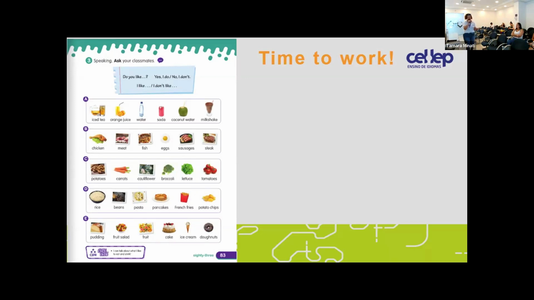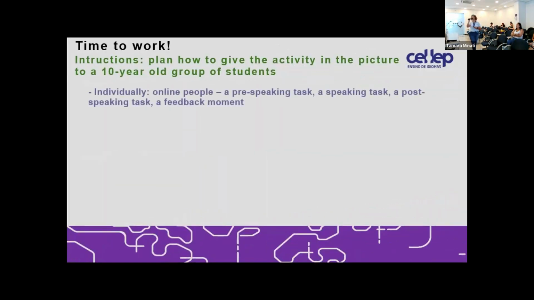What is going to happen now? Marceli and Renata, here presentially, are going to work individually. They have to plan how to give the activity we have in the picture. For you, I have the book.